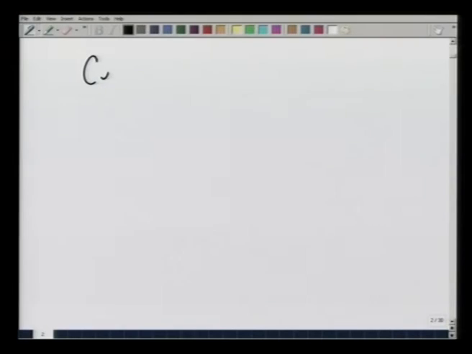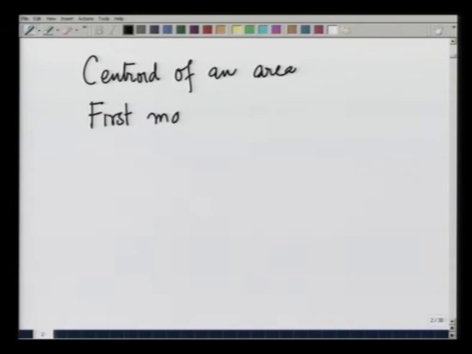In this lecture, I am going to develop concepts such as centroid of an area, which is related to the first moment of area, and then see how these concepts can be applied to mechanics or statics in particular.